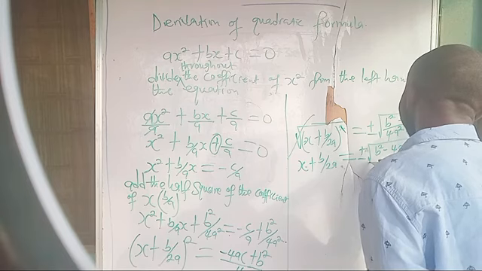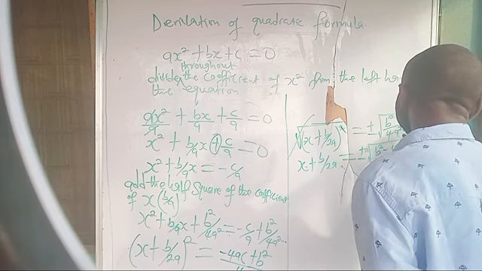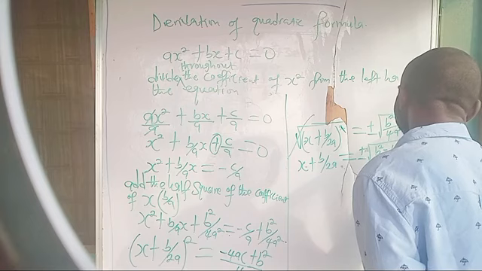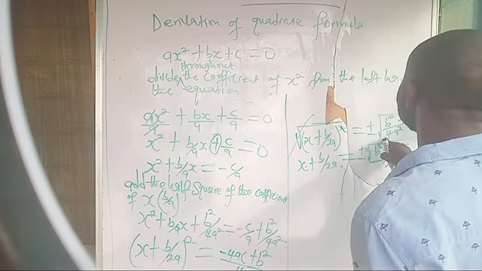But the denominator has a square root, so the square root of 4a squared will give us 2a, because the square root of a squared is a, and the square root of 4 is 2.